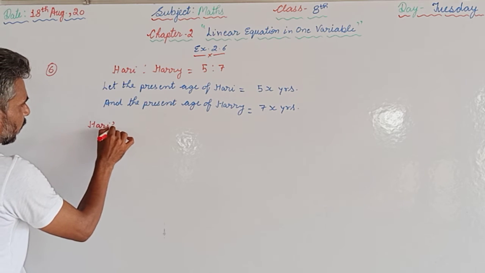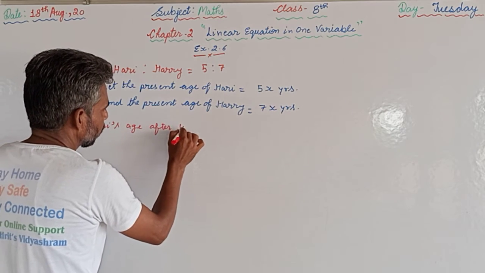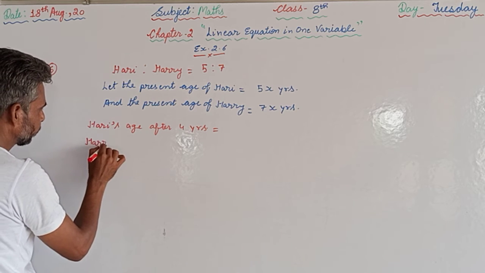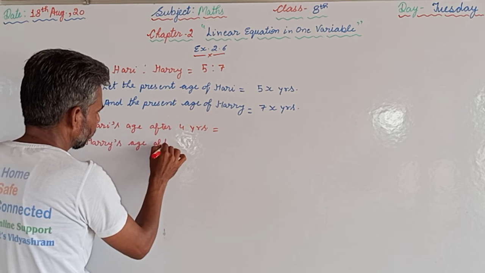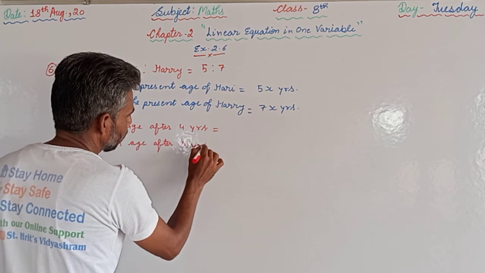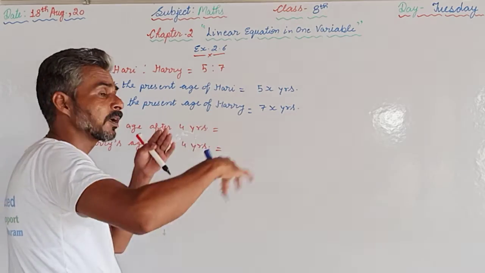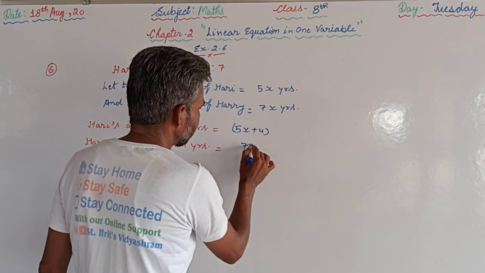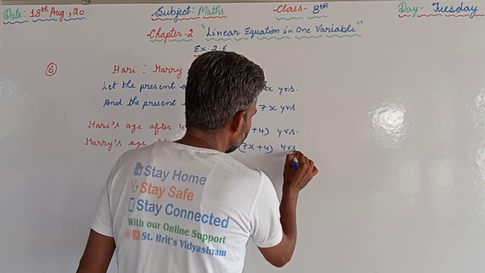Hari's age after 4 years and Harry's age after 4 years. After 4 years, their ages will increase by 4. So that is 5x plus 4 and 7x plus 4 years.